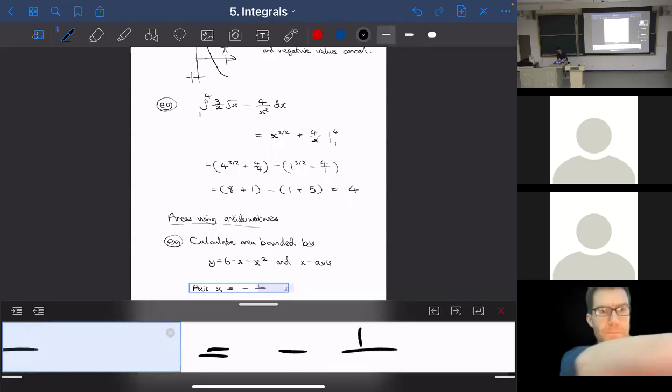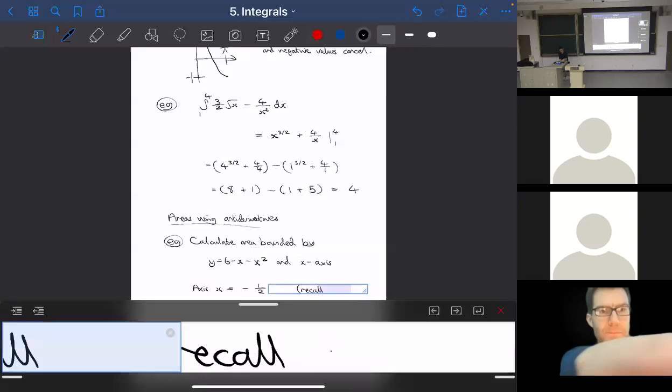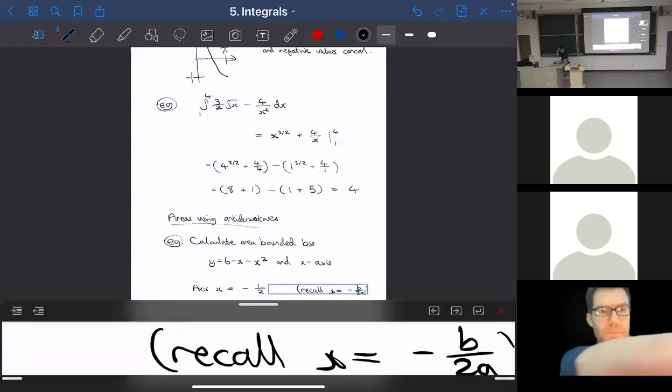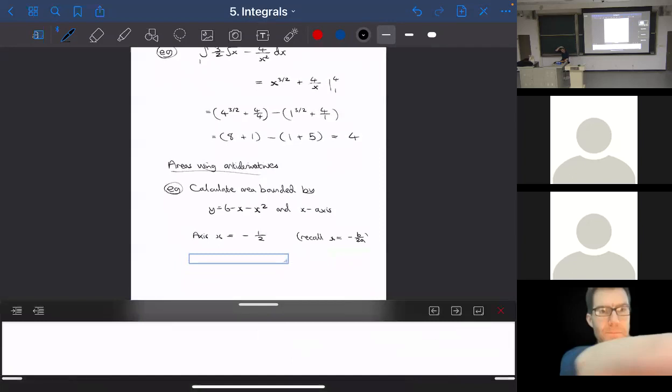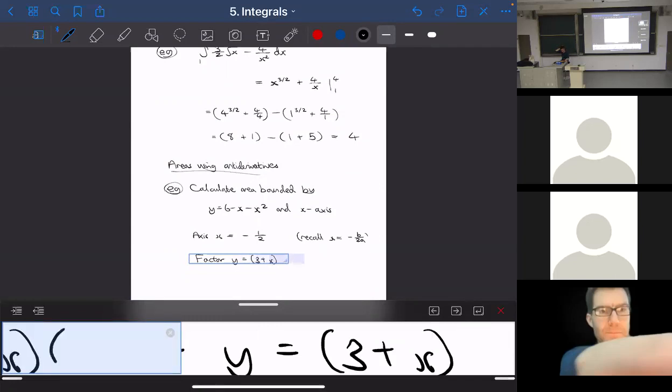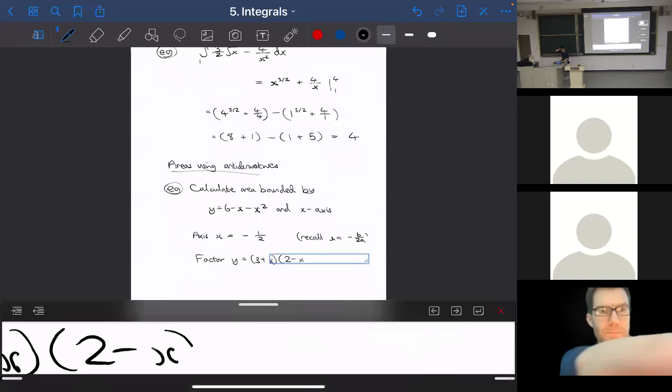So recall the formula is x equals minus b over 2a. And we can factor it as y equals 3 plus x times 2 minus x.